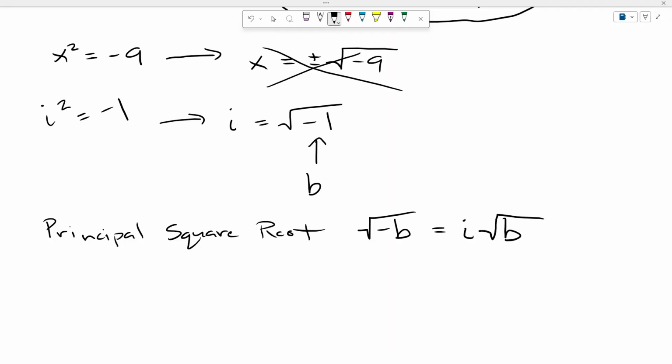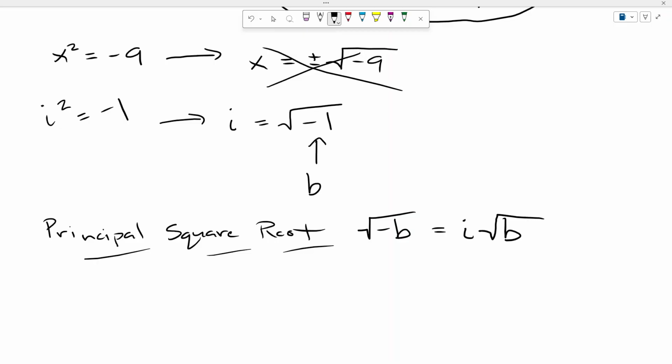So now we're able to use the imaginary number with our principal square root, and we can say that if we see the square root of negative b, again just using b as our variable, we can change that to the square root of a positive b.